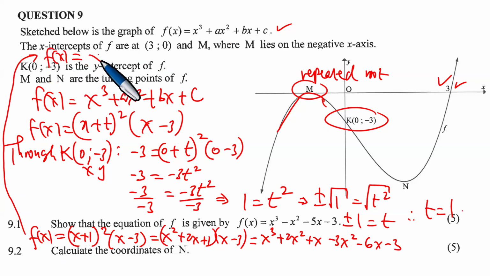Okay, so this one here is actually x cubed plus 2x squared. And then 2x squared minus 3x squared is just minus x squared.